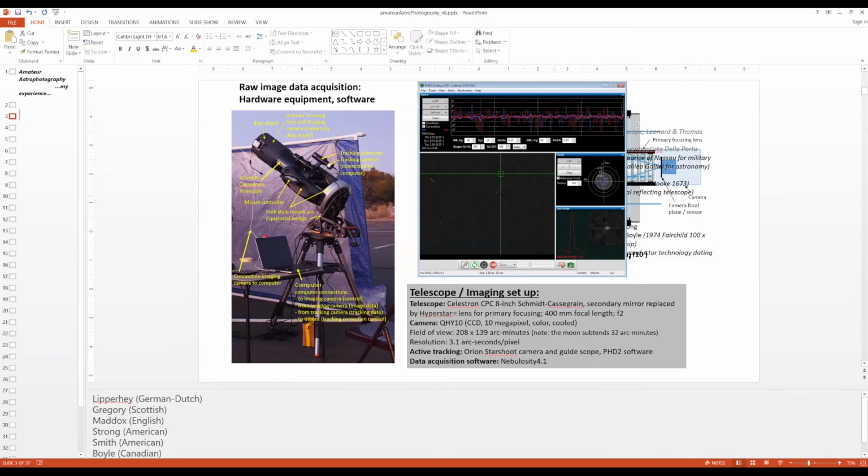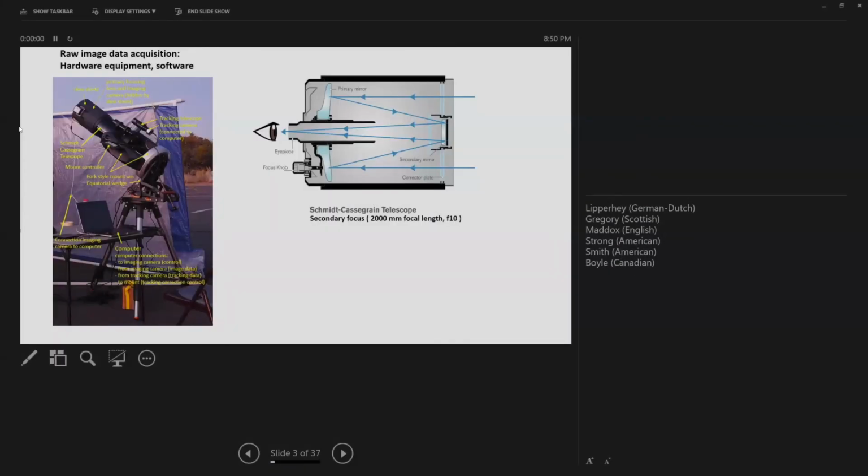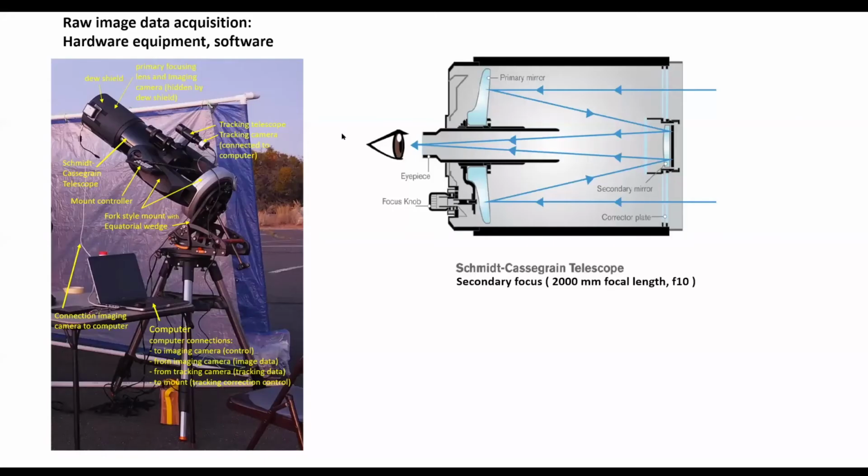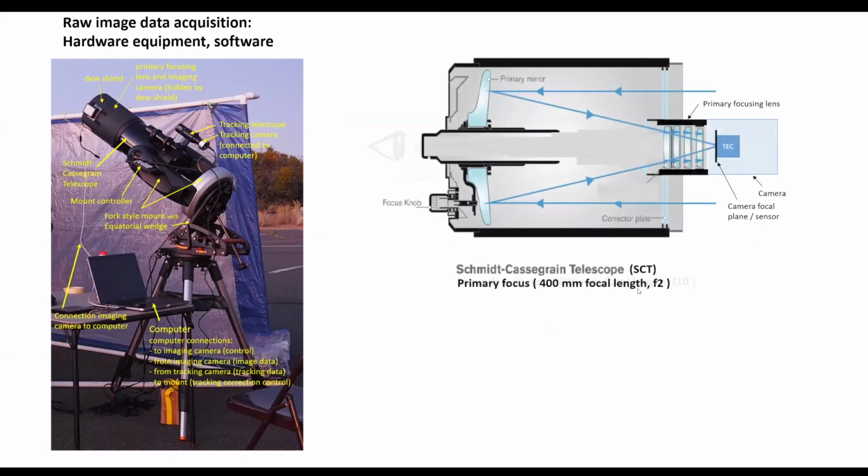I did have that one chart where I showed the standard setup focusing at the secondary, as is normally done, at f10 and 2000 millimeter, and focusing here.